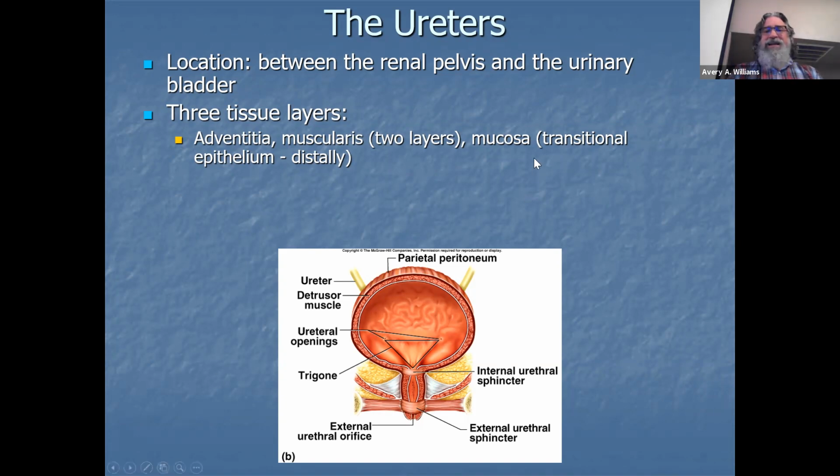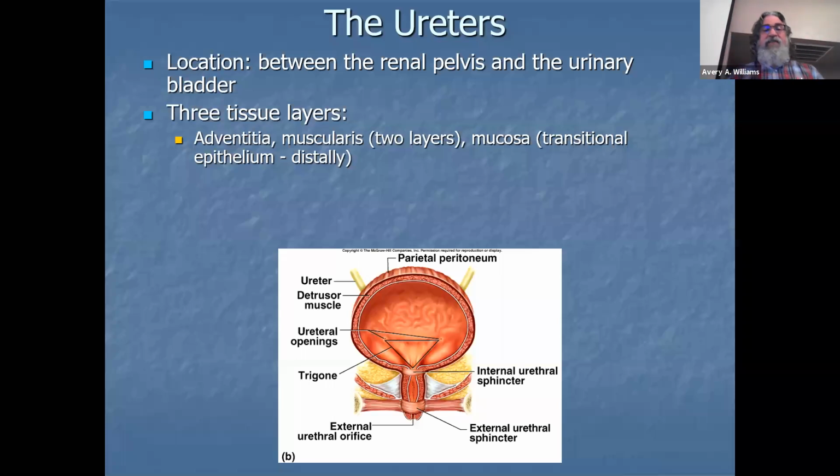And then the inner lining would be the epithelial lining forming the mucosa. Now, I say transitional distally because the inner lining of the bladder, we're going to see, is transitional. And some of the mucosal lining is continuous with the inner lining of the ureters. So that's what that is.